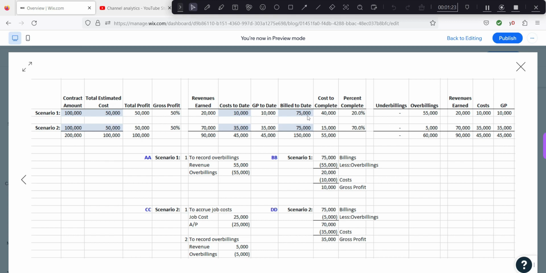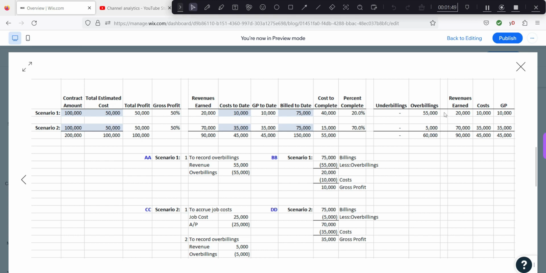Now let's move on to scenario 2. Same fact pattern here in terms of contract price, estimated cost, gross profit, and percentage. Here we see that $25,000 invoice incorporated. So instead of $10,000, we have $35,000 in costs to date. Billing $75,000. Look at this huge difference. $5,000 in overbillings.